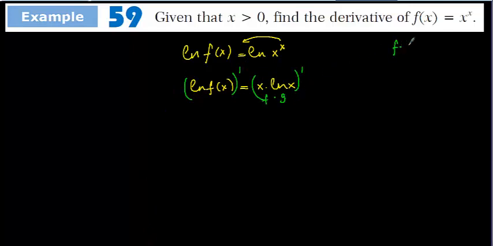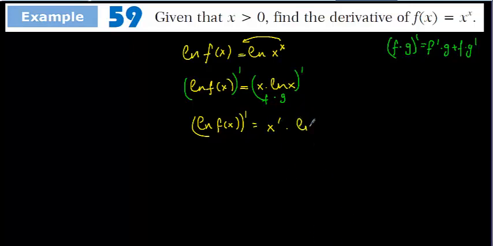So for f times g derivative, one more time for this question, I'm writing f derivative times g plus f times g derivative. So ln fx derivative is going to be equal to the derivative of x times ln x plus x times ln x derivative.